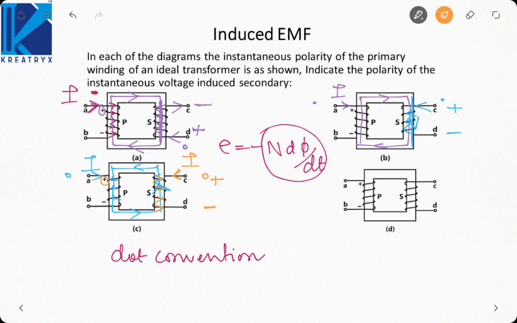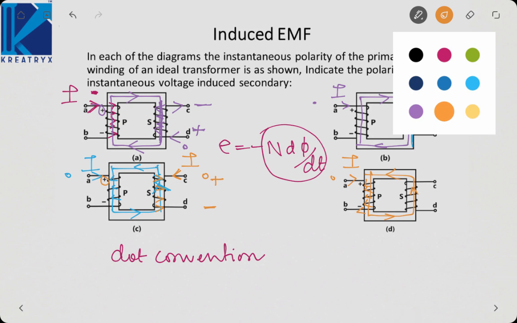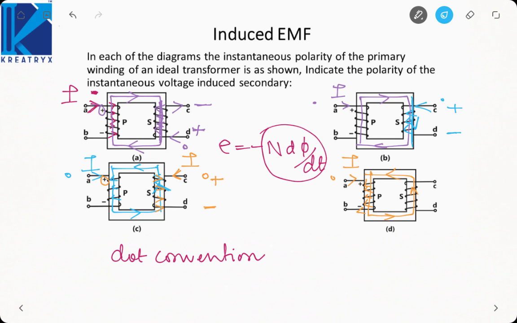Is it fine? In the next one, again assume that the current enters here. I will place the dot here. By taking the direction of current and using right hand thumb rule, I can see that the flux will be downwards, or it will be anti-clockwise. Once I have established this, the secondary flux should also be like this only, that is anti-clockwise.